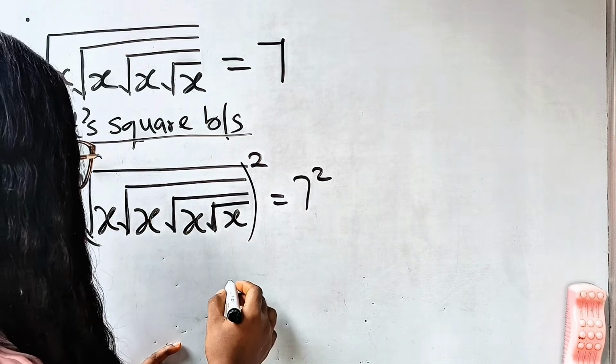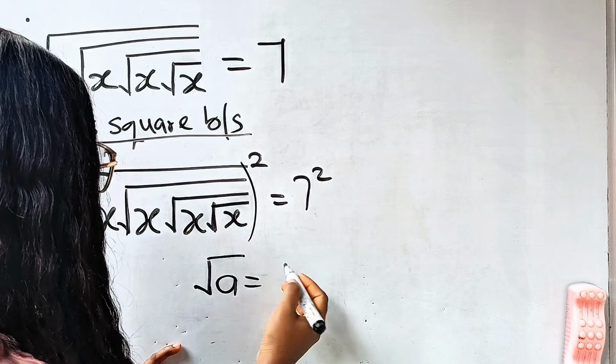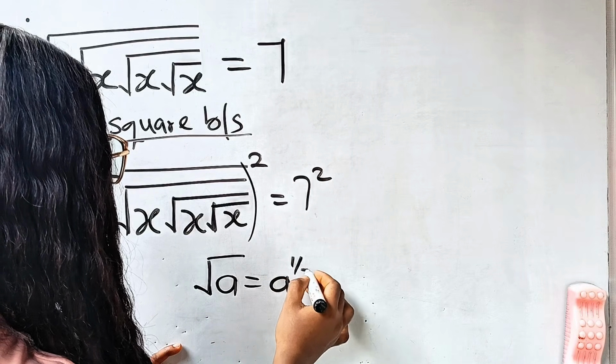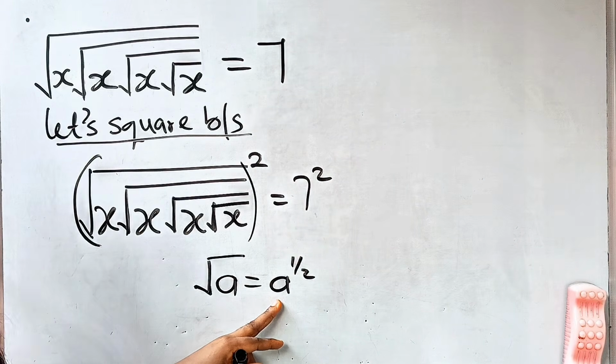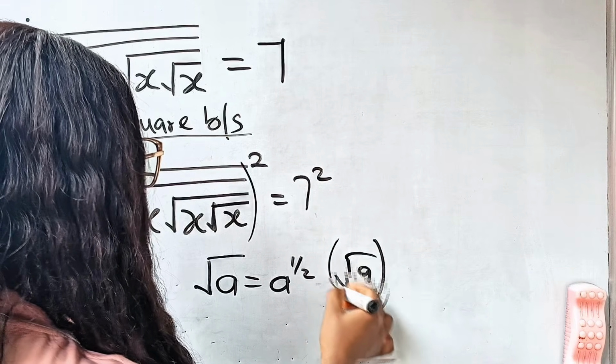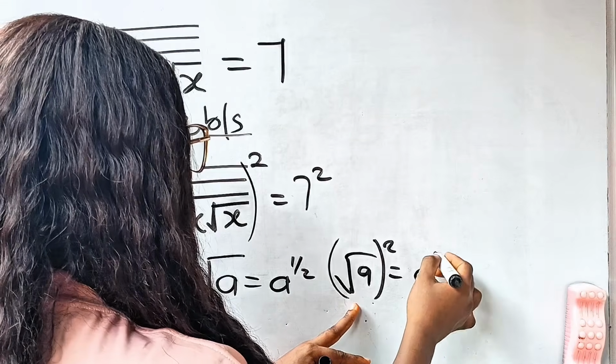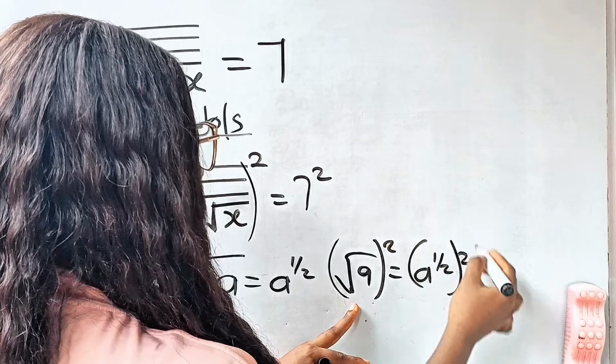Now recall that square root of a is the same thing as a to the power of half. So square root of a squared is the same thing as a to the power of half raised to the power of 2.